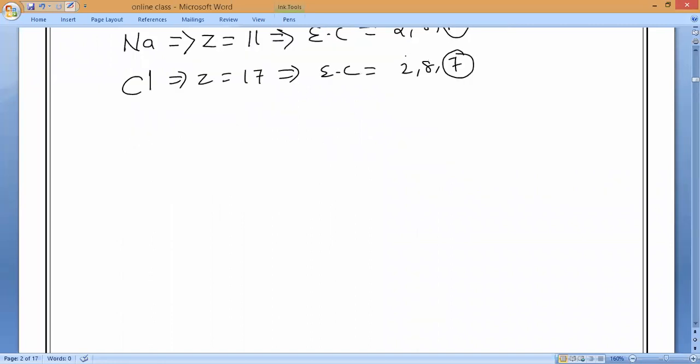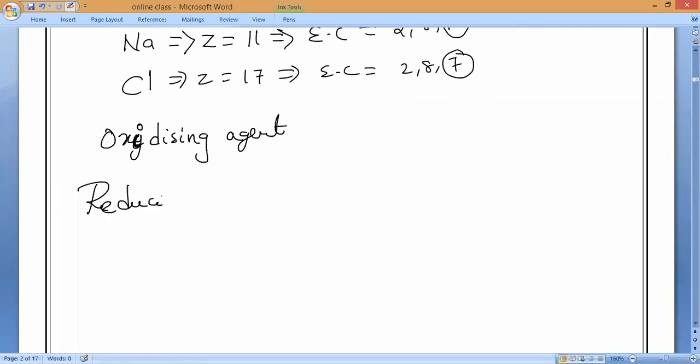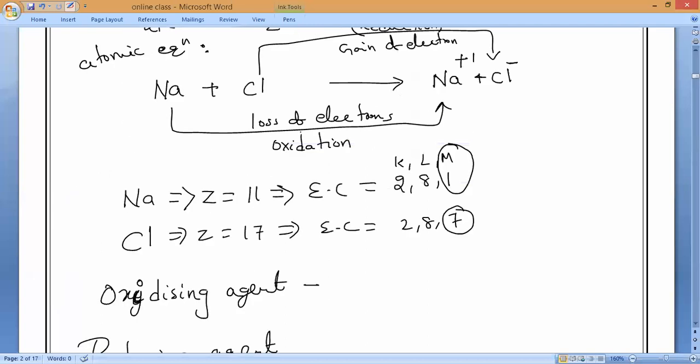Now you tell me, who is the oxidizing agent, who is the reducing agent? Please. Sodium is the reducing agent. Who is going to lose the electrons? Sodium.